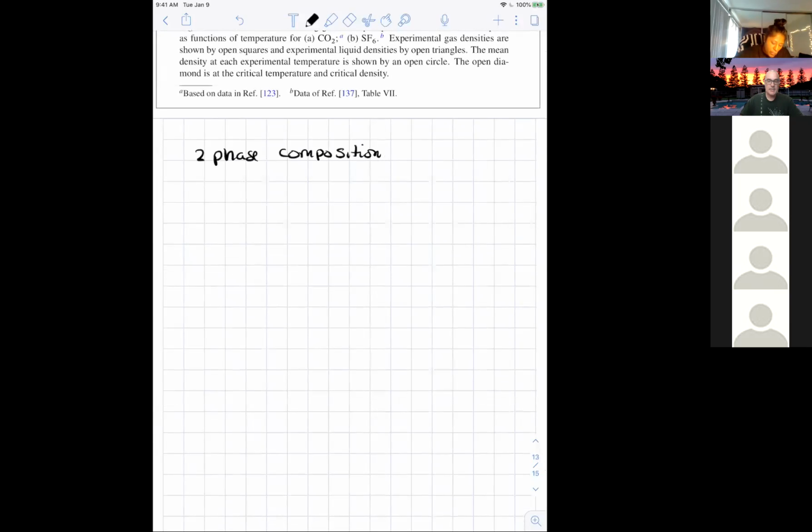So let's think about another situation where we have a two-phase composition. Let's go back to our closed water system.